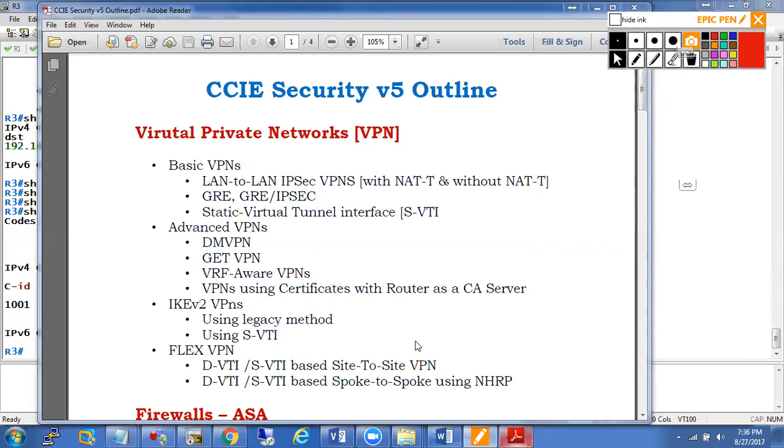That is your advanced VPNs for right now. All of them. The 4 bullet points that you have over here, all of them are extremely important from the exam perspective. 1, 2, 3, 4, all of them are important.